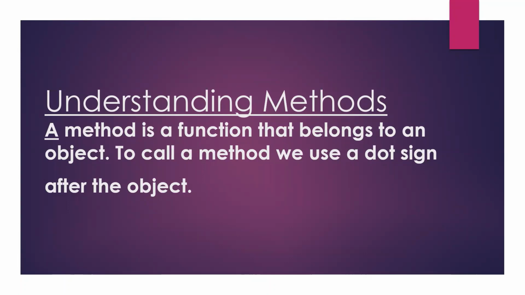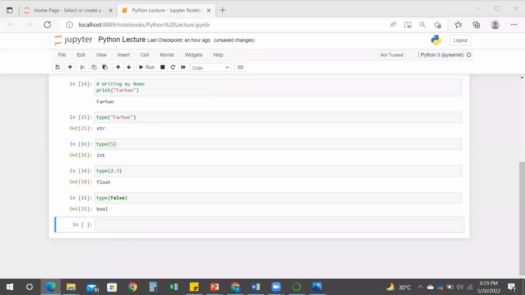So let's go to the Jupyter notebook and see how we can use some commonly used methods in Python. So we are on Jupyter notebook. Now let's see what are some commonly used methods in Python.